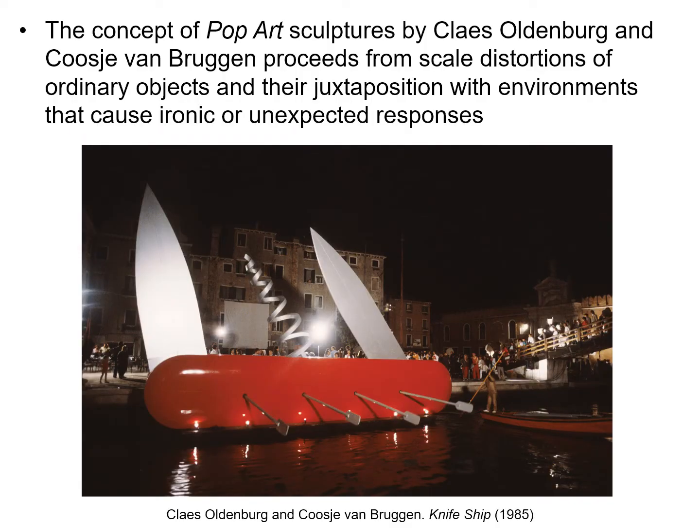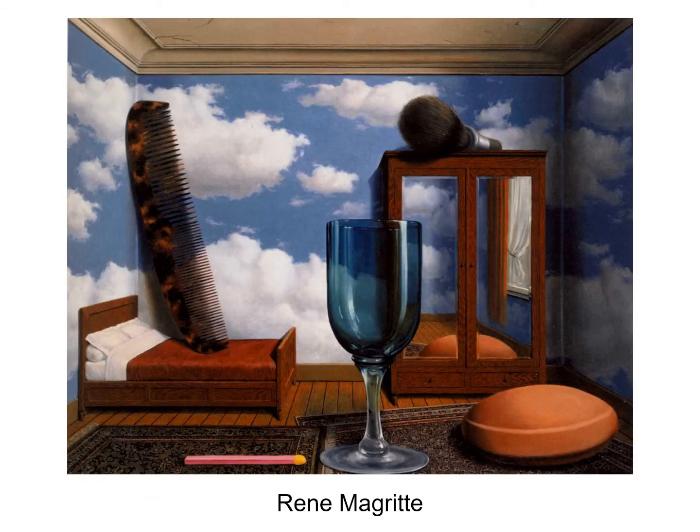Who says that art doesn't have a sense of humor? Here again is our French trickster, René Magritte. Remember, in this piece, the point to it is that you don't know whether or not the objects are regular size in a miniature room, or whether the room is normal sized and the objects are huge.